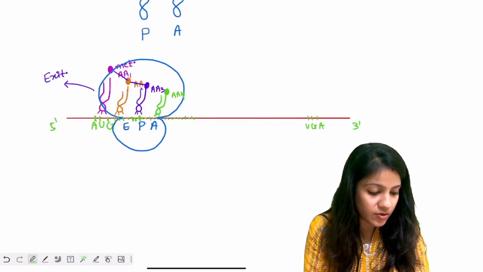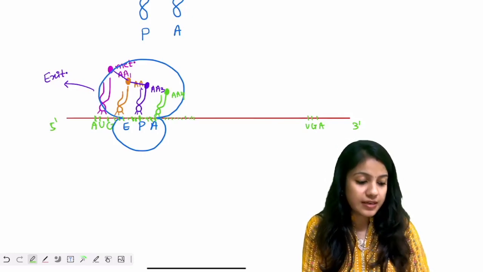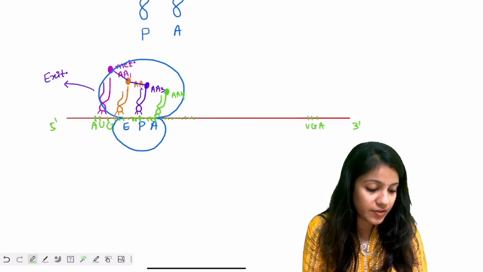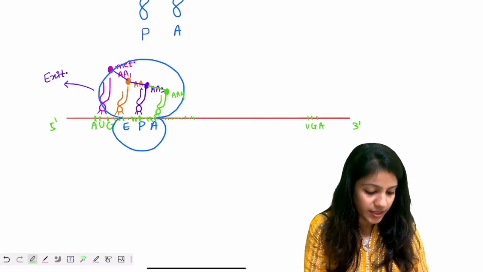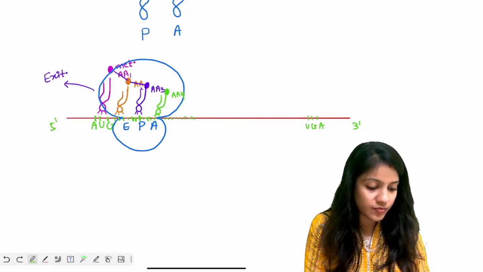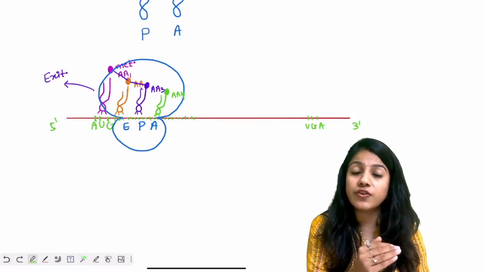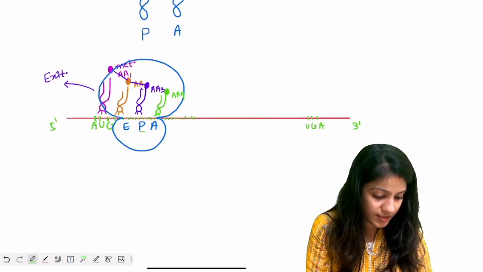So these are the codons which are read by the ribosome. tRNAs are coming. The fourth amino acid came, and there will be formation of again a peptide bond over here, right? So this ribosome will move in the forward direction. Now this ribosome will again move like this.